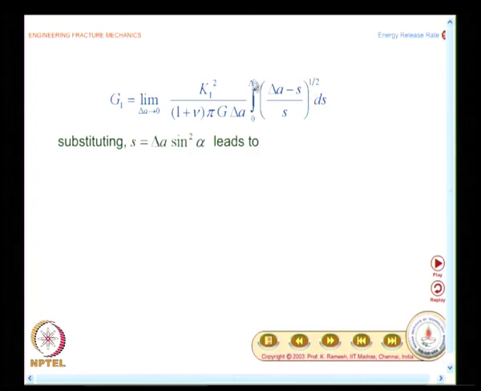I know you have to evaluate this integral, and the usual procedure is substitution of variables. So, I can take this as s equal to delta A sin squared alpha. If I substitute this, it is possible for me to simplify this and evaluate the value of the integration.